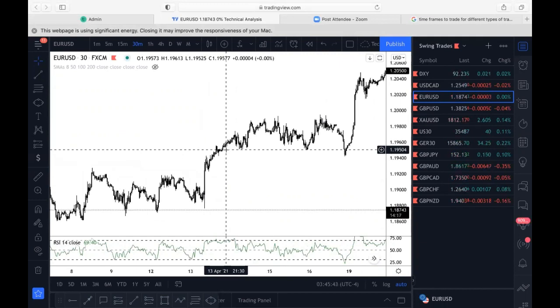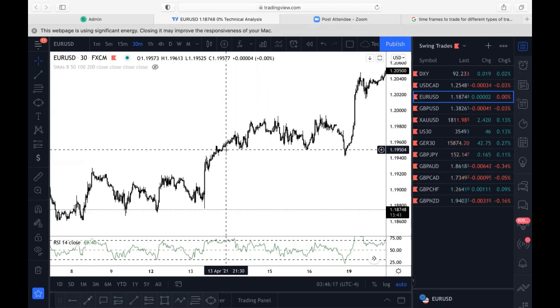I mark up my zones, my support, resistance, trend lines, Fibonacci's, and then once it breaks those areas and retests, I drop down to the 30-minute or 15-minute or 5-minute time frame and look for my entry confirmations, which are bullish engulfings if I'm looking for buys, and bearish engulfing candlestick patterns if I'm looking for sells, and red, yellow, green.